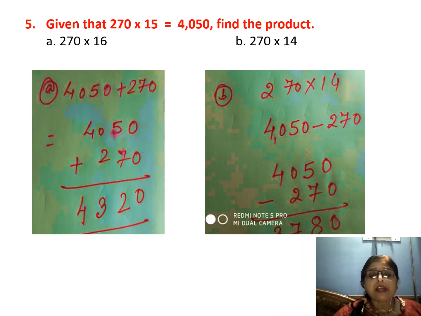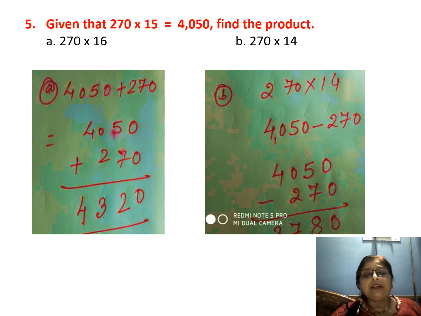Students, question number 5 is, given that 270 multiplied by 15 is 4050, then find the product of 270 multiplied by 16 and 270 multiplied by 14. Once again, I am going to explain this one because here 270 into 16 means 1 greater than 15.